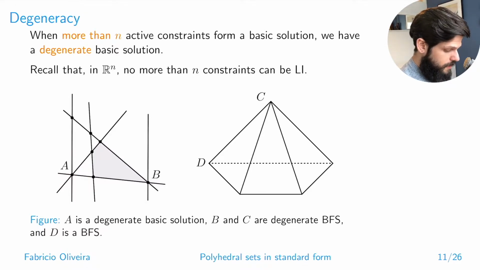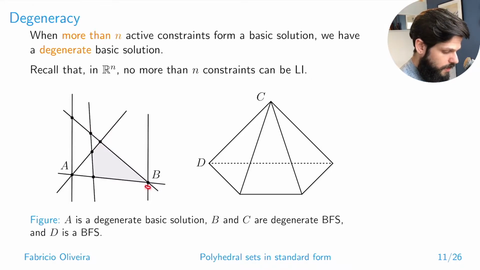Another troublemaker is here because it's 1, 2, and 3. For this point, for example, it's clearly specified when I say it's the intersection between this line and this line. It gives me this unique point right there.